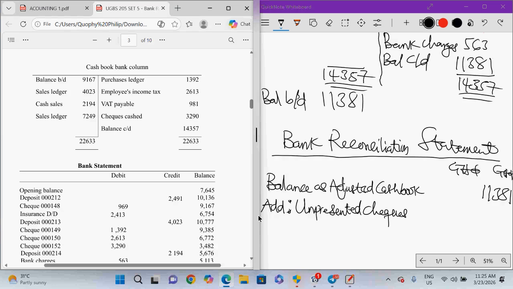The suppliers have not sent it to the bank for the bank to recognize it, so the checks are still with the suppliers, right? What do you think will happen if they have not presented it to the bank?